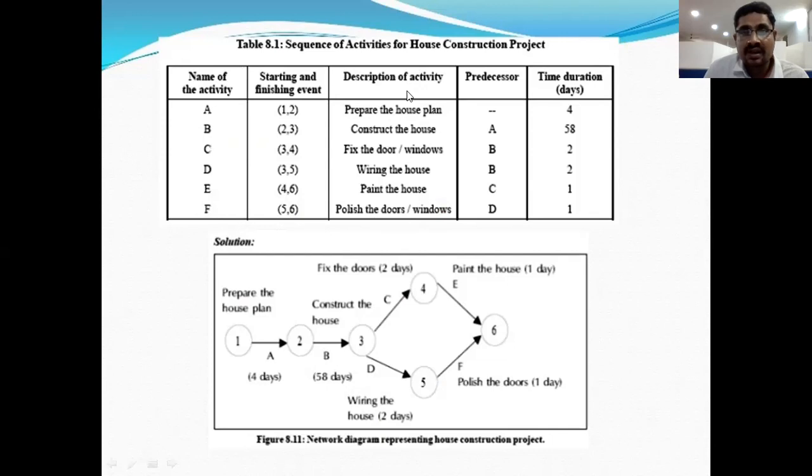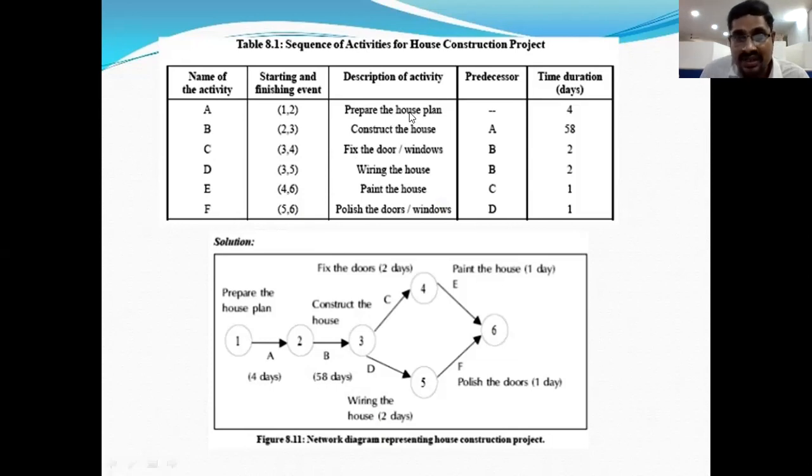To easily understand, we can use this type of example, right? Suppose A activity, prepare house plan. It has no preceder or preceding activity. Suppose B activity, that is construct the house. For conducting this activity, we should complete A activity, right?